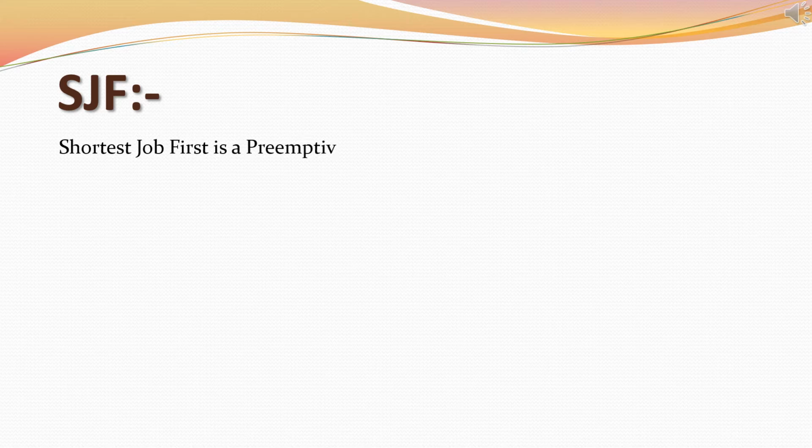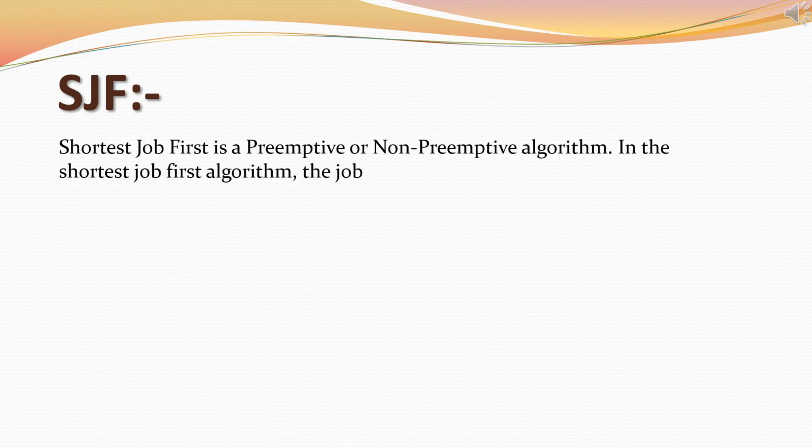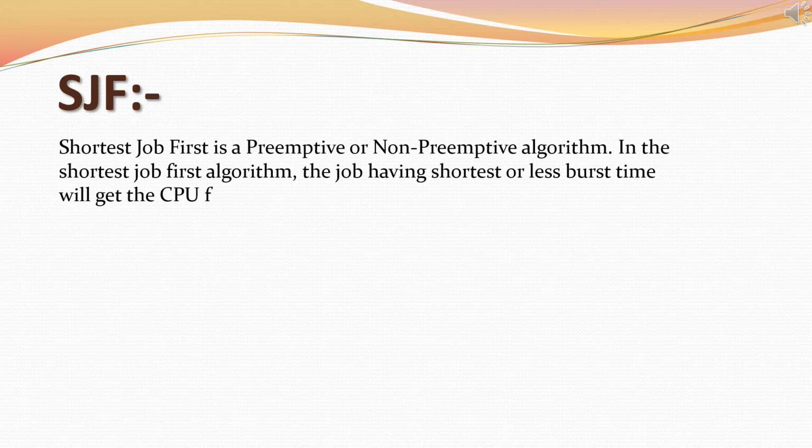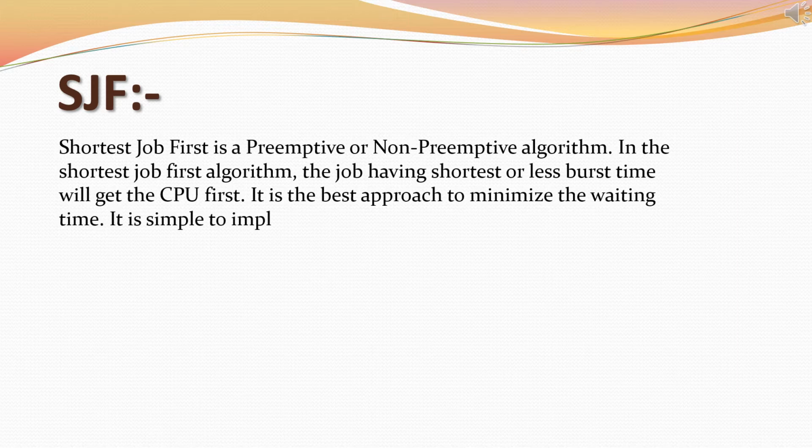Now we will know what this shortest job first is. Shortest job first is a preemptive or non-preemptive algorithm. In the shortest job first algorithm, the job having the shortest or least burst time will get the CPU first.